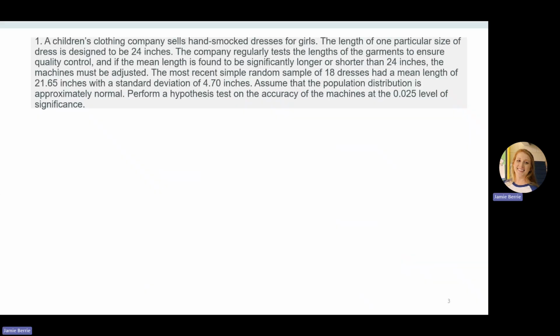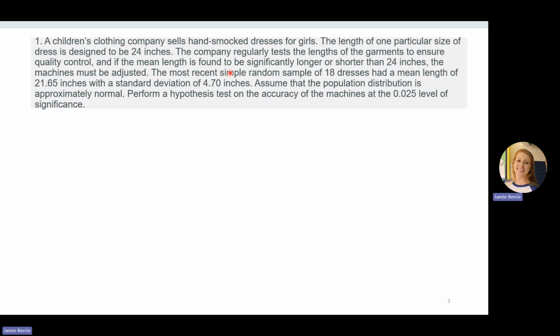Here's our first example. A children's clothing company sells hand-smocked dresses for girls. The length of one particular size of dress is designed to be 24 inches. The company regularly tests the lengths of the garments to ensure quality control, and if the mean length is found to be significantly longer or shorter than 24 inches, the machines must be adjusted.